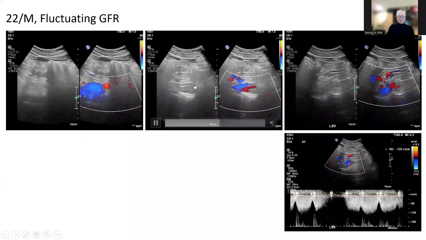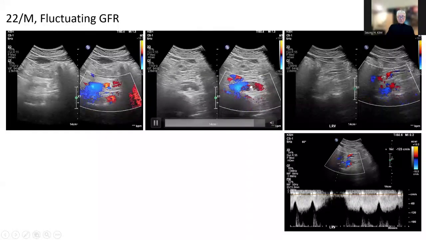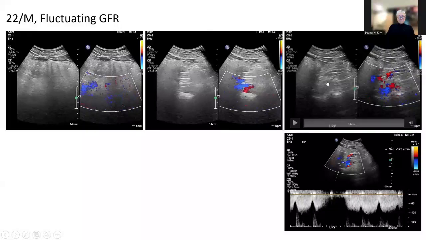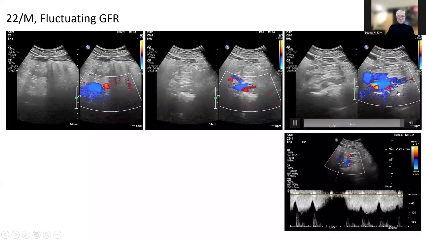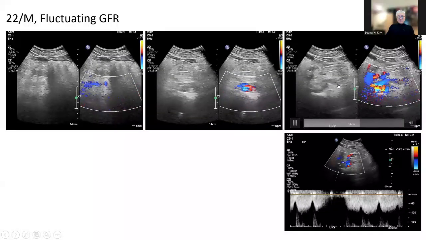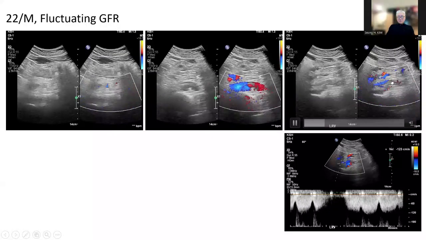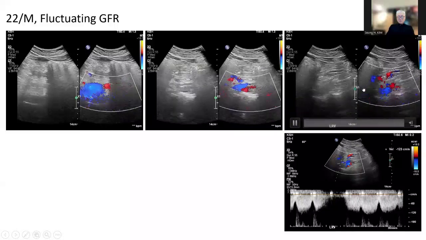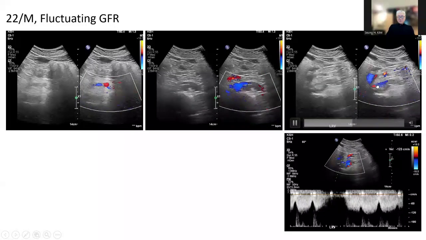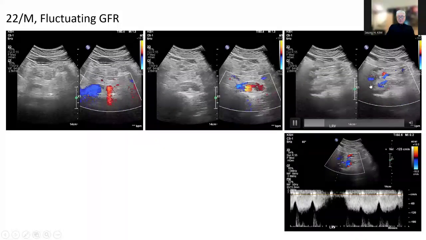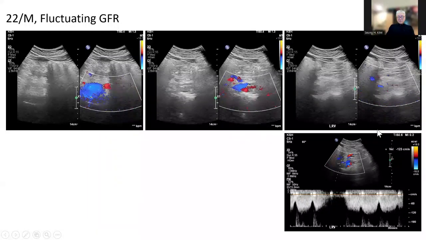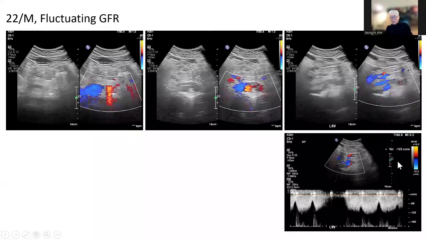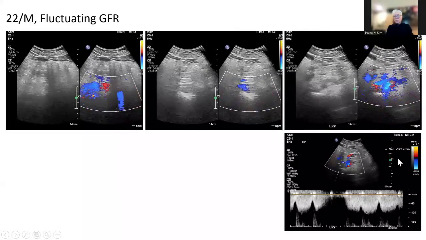If we wait a little, 1 or 2 minutes, then we see the aorta and superior mesenteric artery better, and the left renal vein is a little more dilated, and we see flow signals here. Wait a few minutes more, and the left renal vein is more dilated, and we see quite fast flow here, and from here we get Doppler spectra, and the peak flow velocity was 123.